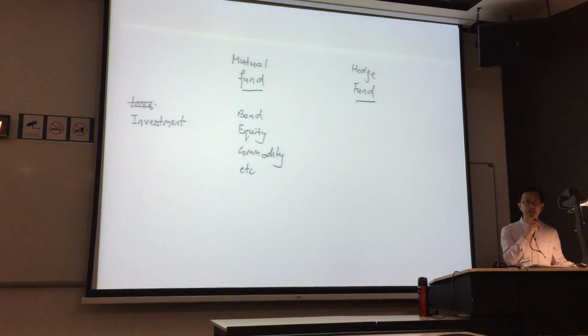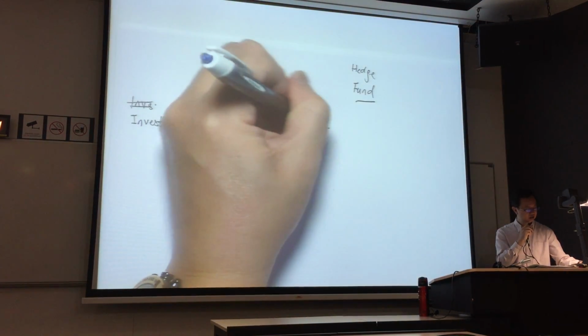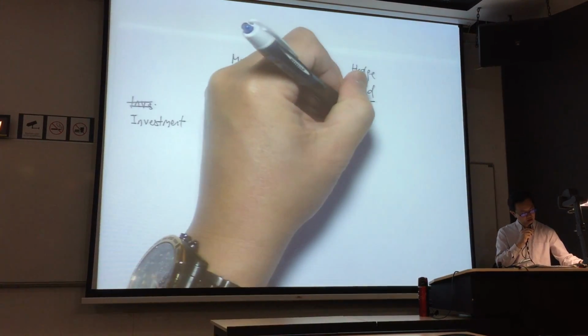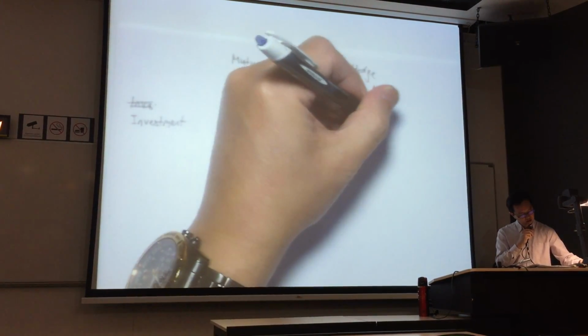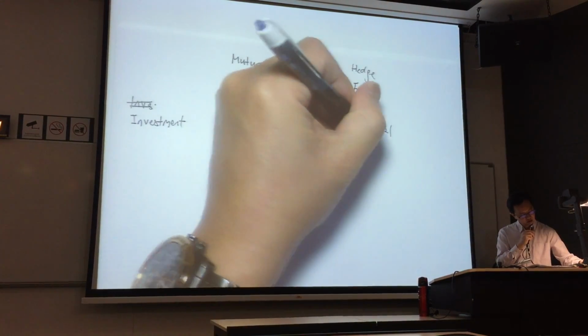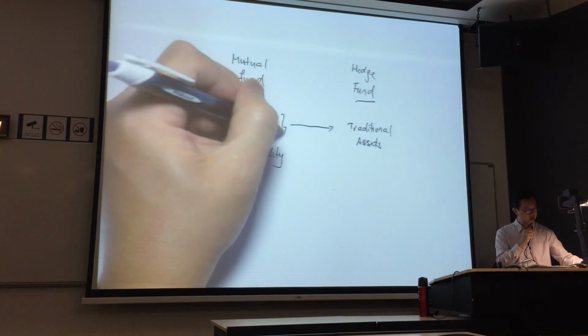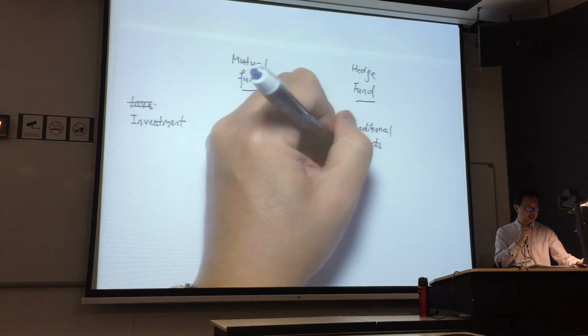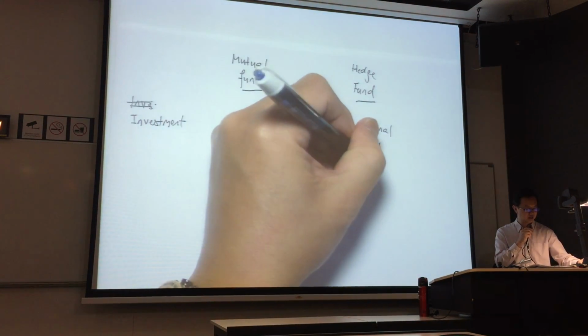So these are the traditional asset class. But for hedge fund, besides this traditional asset class, which means the bond, commodity, equity, besides all this, they can also invest in complex security.